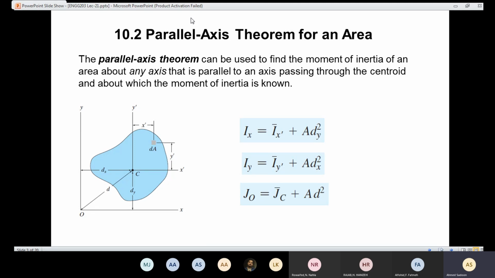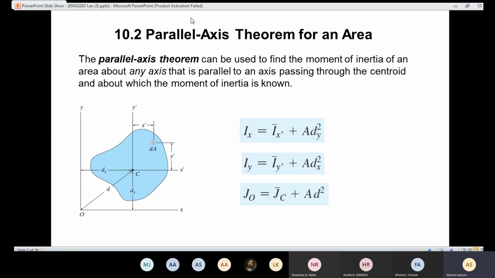We use composite sections a lot in engineering. A composite section consists of many common shapes or parts, so that theorem is going to help us determine the moment of inertia for composite parts. Then it's very important to understand the principle of that theorem.